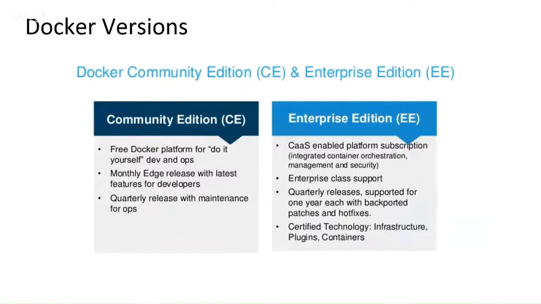When it comes to Docker, it currently has two versions, Community Edition and Enterprise Edition. Community Edition is free, with monthly edge releases with the latest features for developers and quarterly releases with maintenance for operations guys. Enterprise Edition supports container as a service, and it has subscriptions and enterprise support.